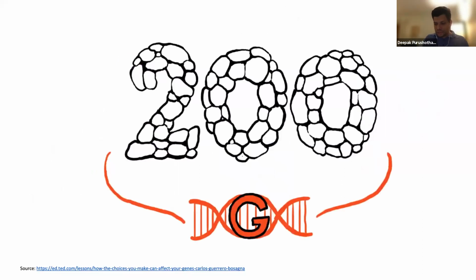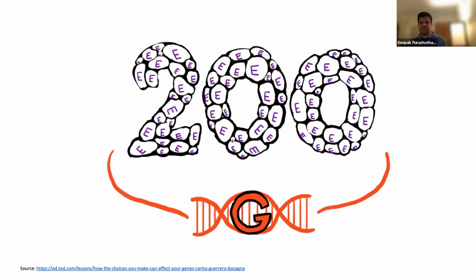So each of our 200 cell types in our body essentially has the same genome copy, but a distinct epigenome. Now it would obviously be an enormous task to actually go through the process of characterization of each of these cell types, summarize the epigenomic signatures, and build some sort of an atlas or a compendium.